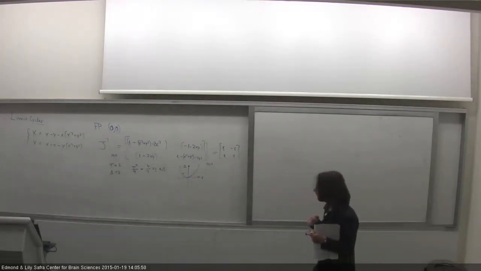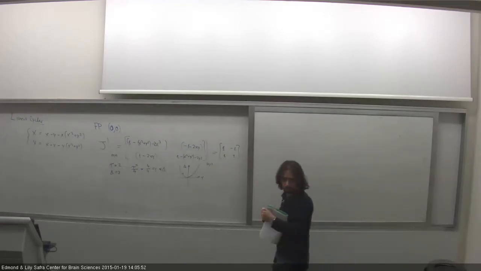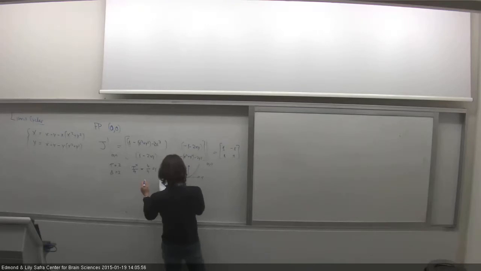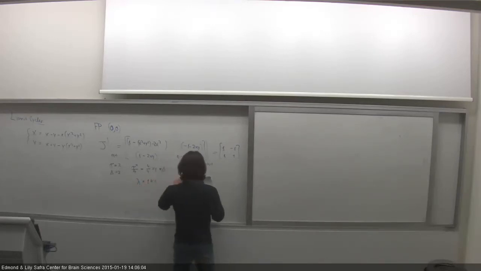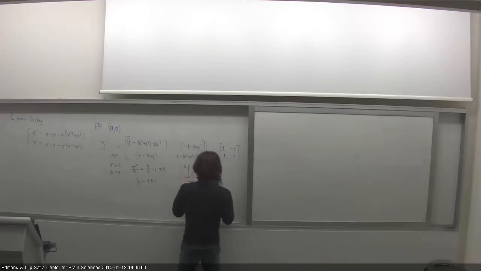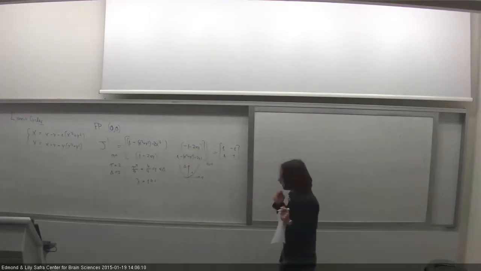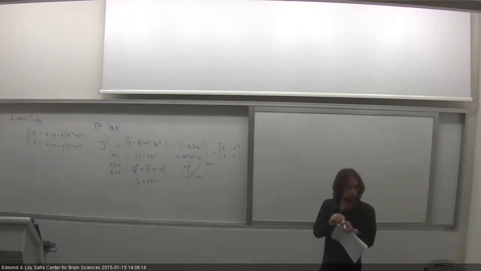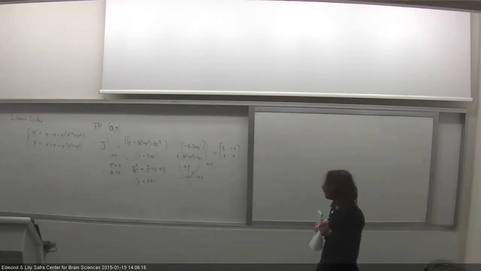So what I have here, sorry. Yeah. Eigenvalues are 1 plus minus i. Where?